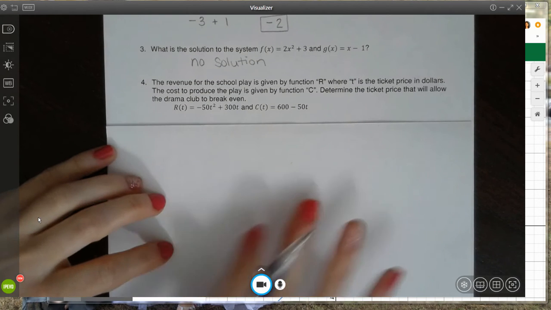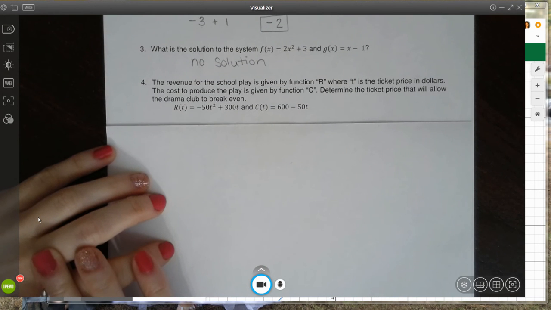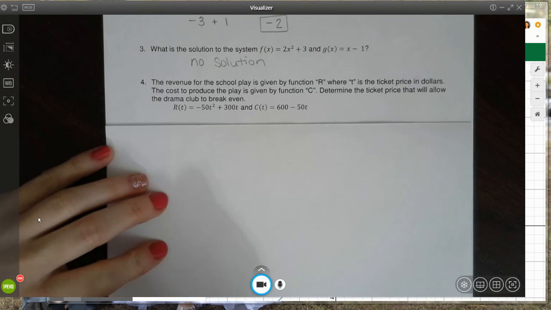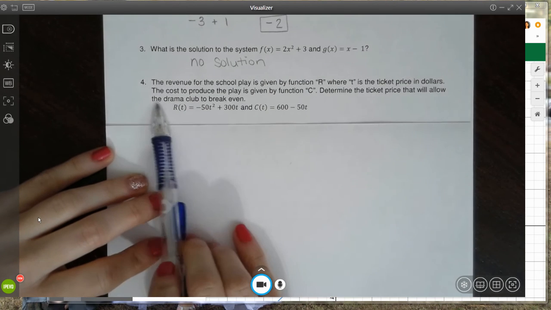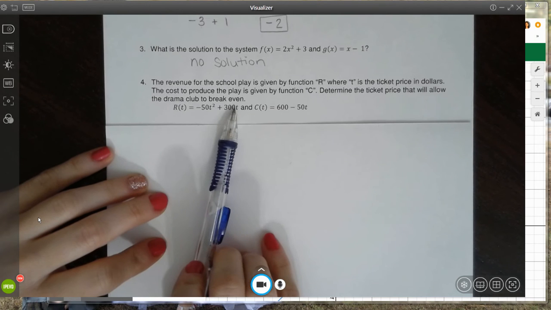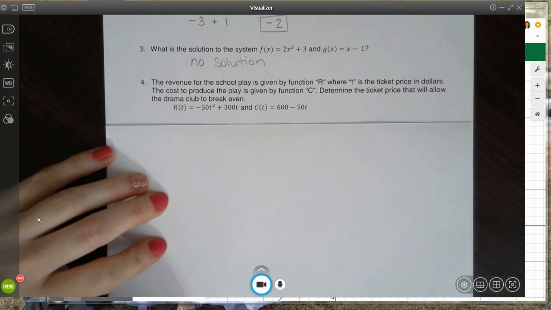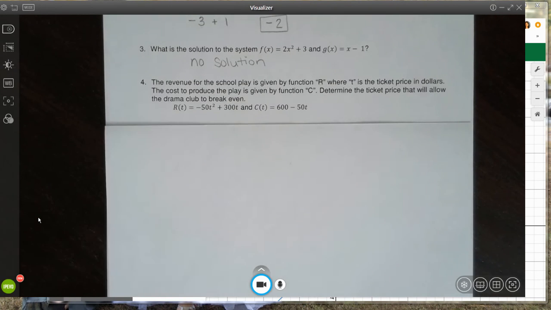The first one is talking about revenue and cost for a school play. So our goal is to determine the ticket price that will allow the drama club to break even. So the first thing I have to figure out is, what does it mean for the drama club to break even? Revenue is the money that comes in.